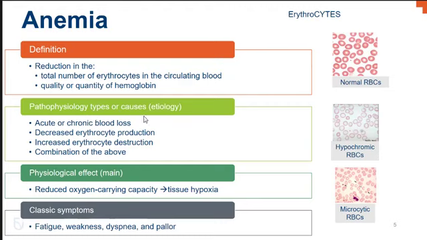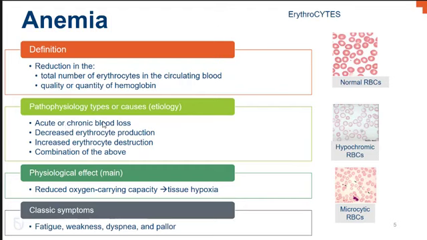Now, what causes anemia? Etiology means cause. If somebody has acute or chronic blood loss, for example a female who has a very heavy menstrual cycle and loses a lot of blood every month, she can become anemic because of blood loss.